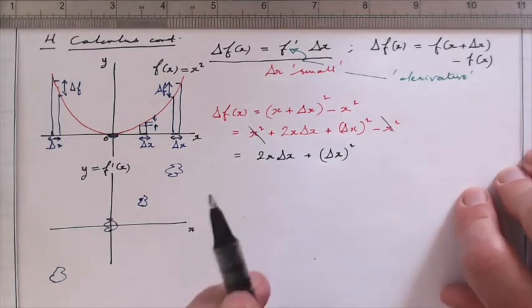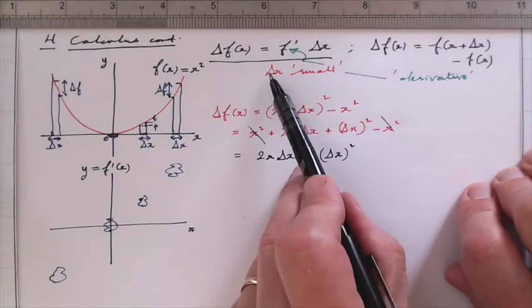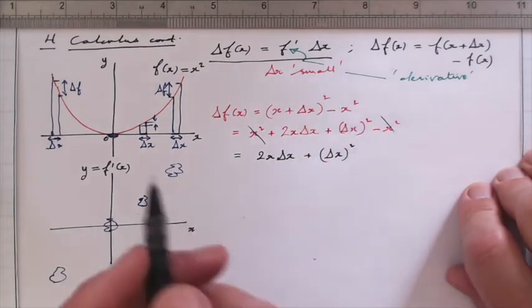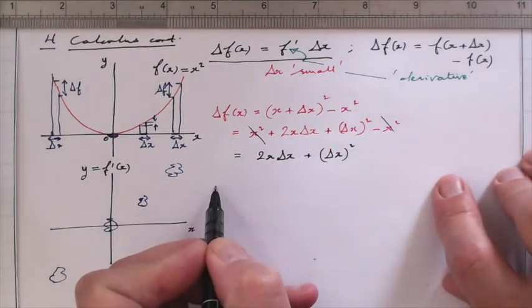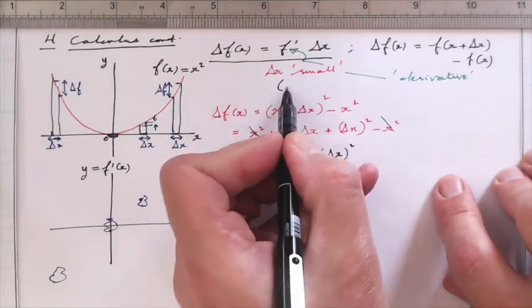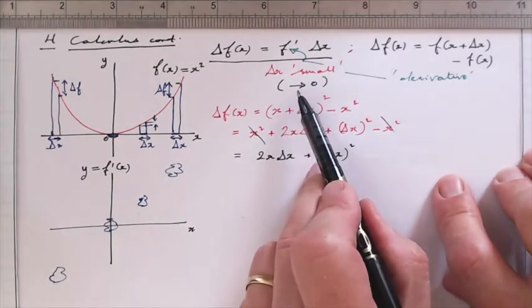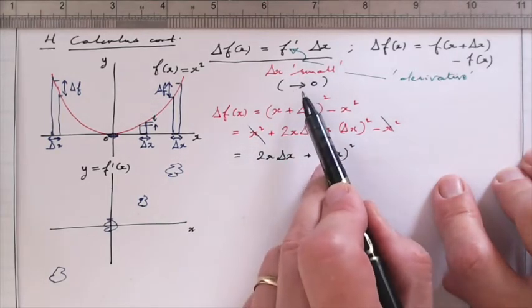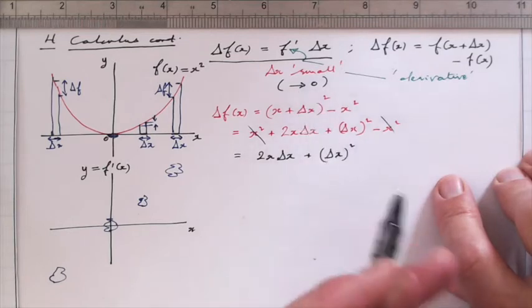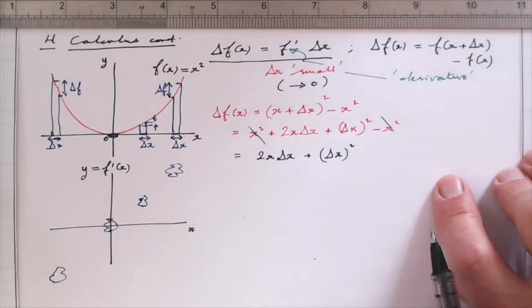Now, the key point is that we want to think of this delta x as small, and in fact we want to think of it so small that we actually take it to 0. And this arrow is often a symbol for goes to 0. So we want to take delta x as small as we like, ultimately approaching 0.